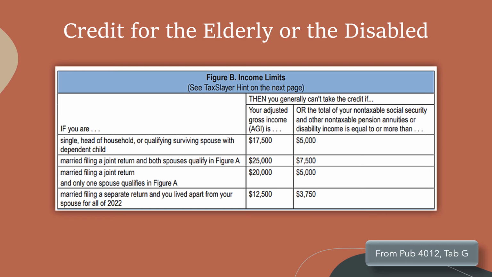Or if they have non-taxable Social Security and other non-taxable pensions and annuities and disability income over $5,000, they can't take the credit. And you can see we have slightly different limits for married filing joint returns, and one or both spouses might qualify, but again, incredibly low income limits, which is why we don't really see this super often.